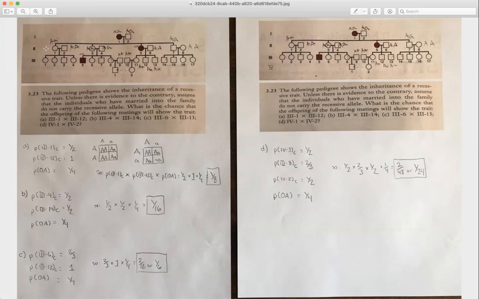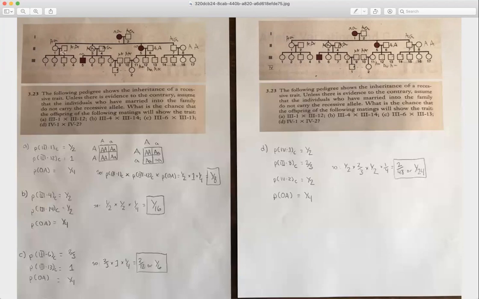Okay, so now let's look at the second generation. Individual 2,1 is big A, little a. Why? Because we know that individual had to have inherited a little a from individual 1,1, but also had to have inherited the big A from her father because she doesn't have the condition.